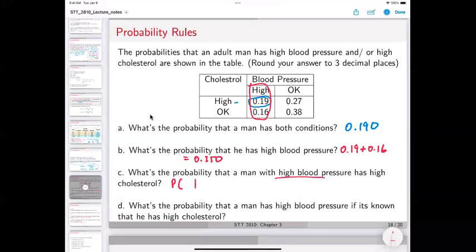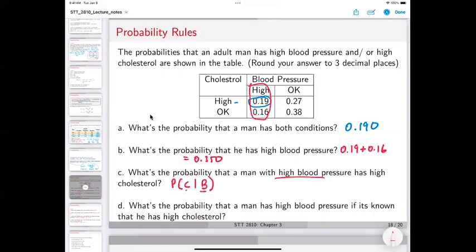Let me put B here, just to show high blood pressure, has high cholesterol. Do we see how I wrote it? The condition you already have is here. Is that okay? The probability I'm trying to compute is here.